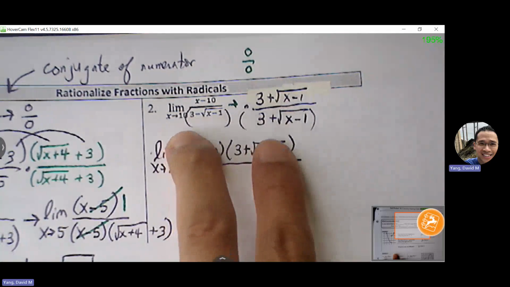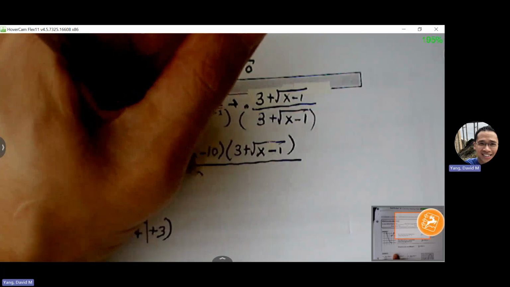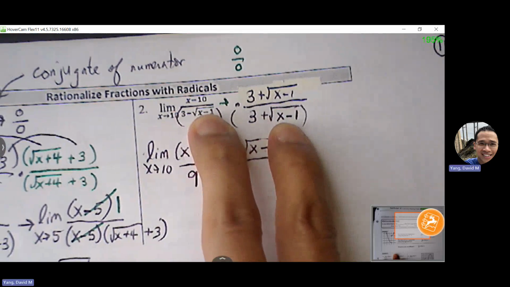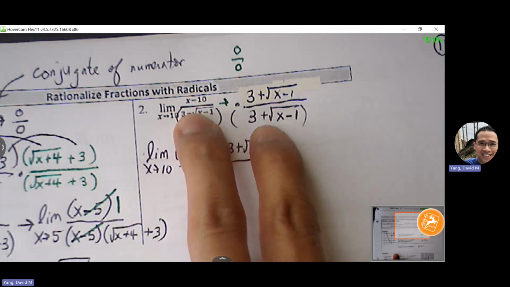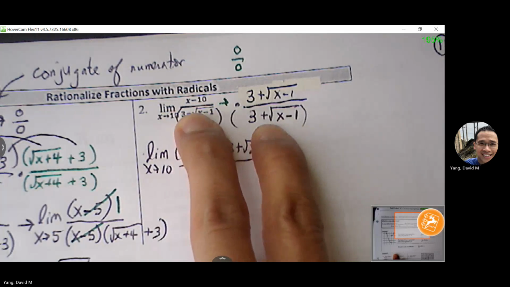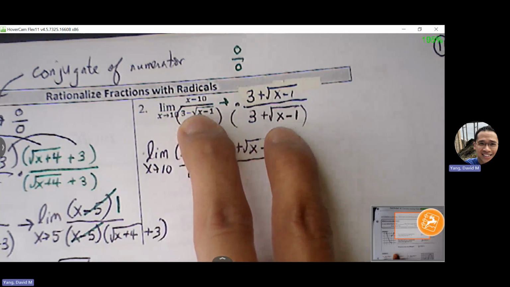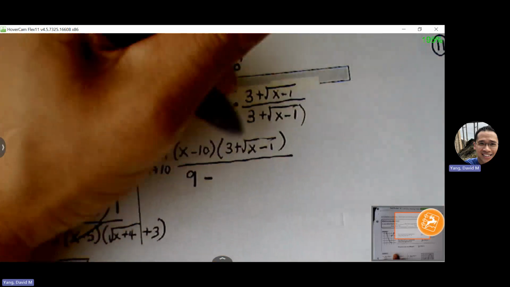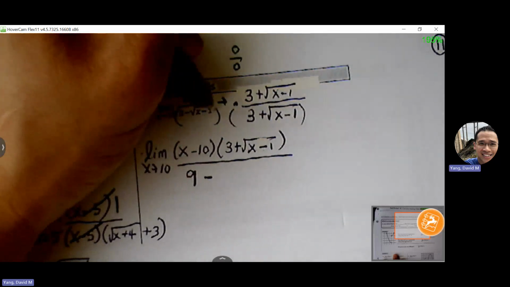Careful here, as you FOIL out your denominator, 3 times 3 is 9. That's fine, right? What's going to happen when I multiply square root and square root? X minus 1. What happens though when I multiply by a negative times a positive? Negative. What's going to happen with that negative? I've got to deal with that negative. Distribute, right? So we've got to be careful about that. We need to have a set of parentheses after we drop the radical.